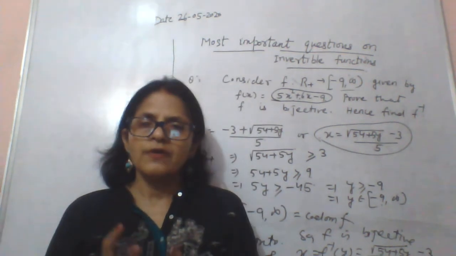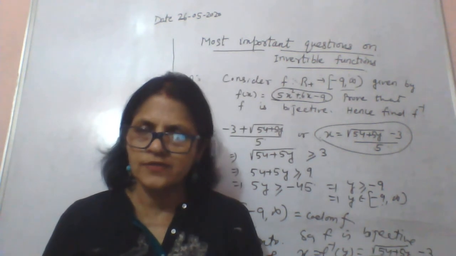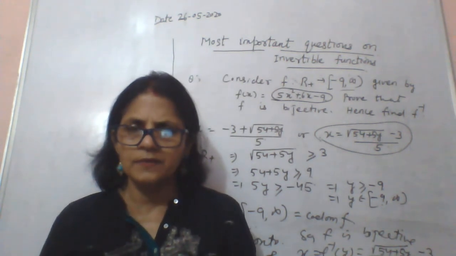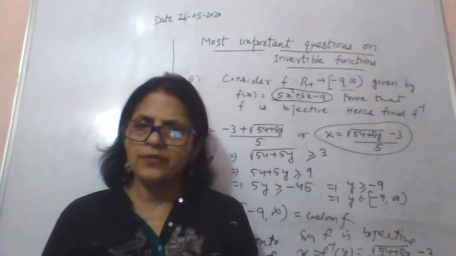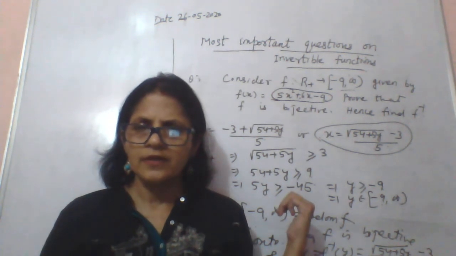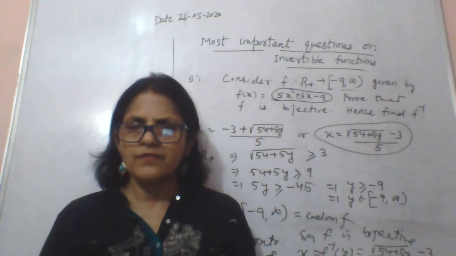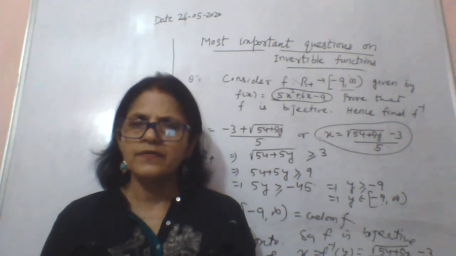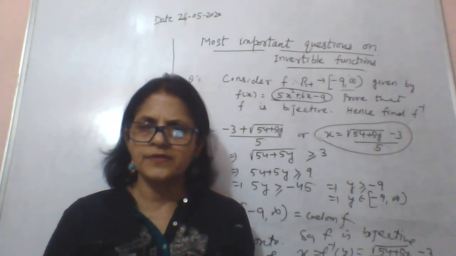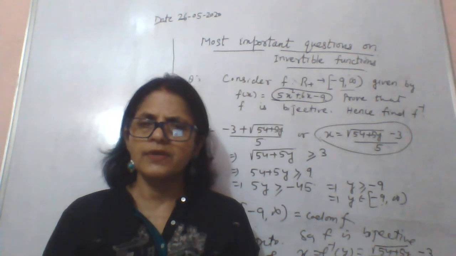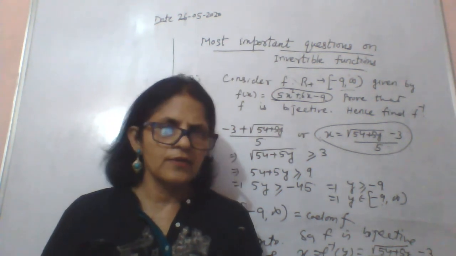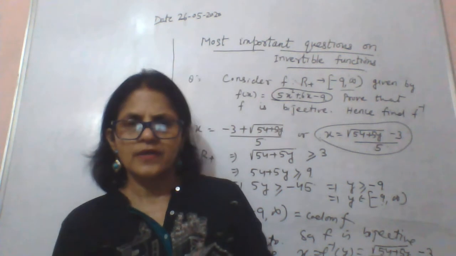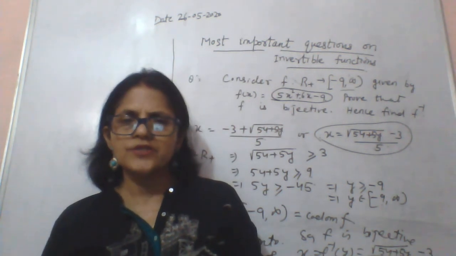So you have two choices. If the question is clearly written that it is invertible, either you apply this method, proving that it is one-one and onto, meaning bijective, then it is invertible, and find f inverse. Or directly, straightforward, you can go: y equal to f(x), then you get x, take that equal to g(y).